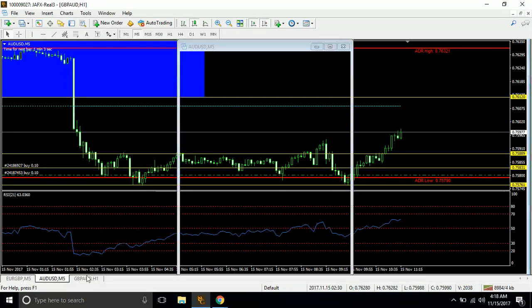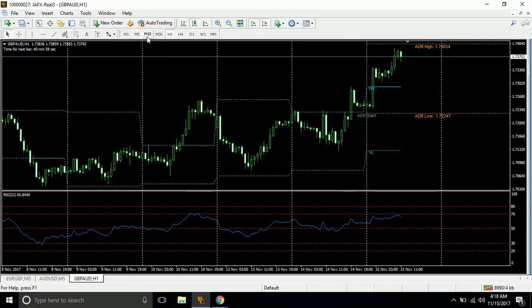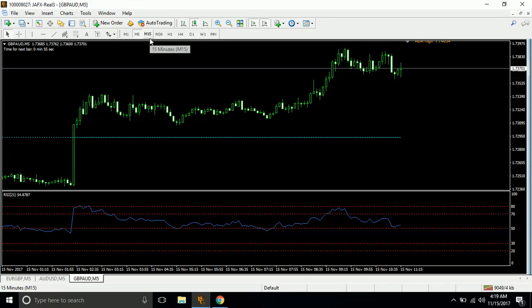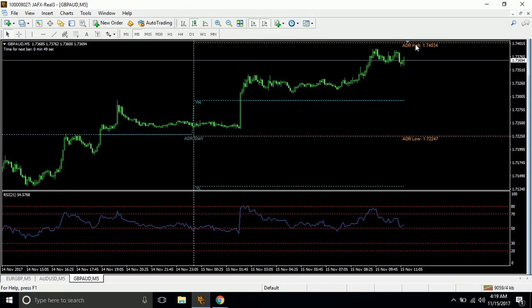As a matter of fact, this pound Aussie here might consolidate. Might not move anywhere. Might start moving sideways. But the high is not out of reach. It's only a pip or two above the high. So it's definitely a target. Look, notice how we are above yesterday's high.